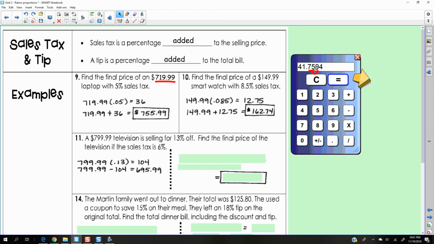We find our number, look next door, so it's $41.76. So we take the $695.99 and add the $41.76 to get $737.75. So even though we got a $104 discount, we still had to pay 6% tax.